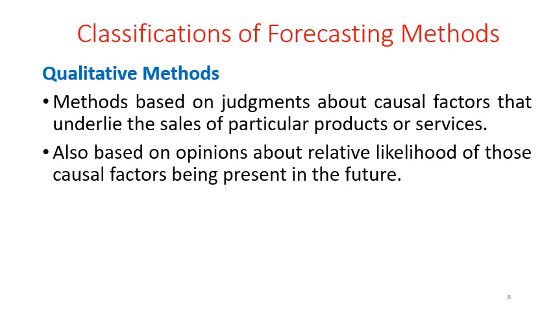They are also based on opinions about the relative likelihood of these causal factors being present in the future. So causal factors are factors which led to a particular effect, and you are assuming that there is a relative likelihood it's likely to happen again, and that's why you are translating that to the present period. Correct?